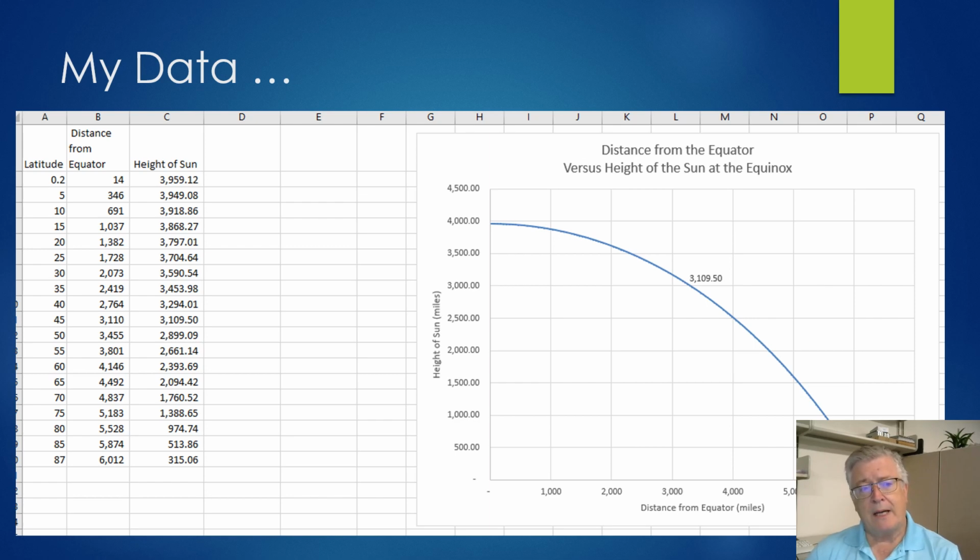I calculated the distance from the equator. If you look that up, each degree of latitude is equal to 69.1 miles. So you can easily calculate that distance from the equator.